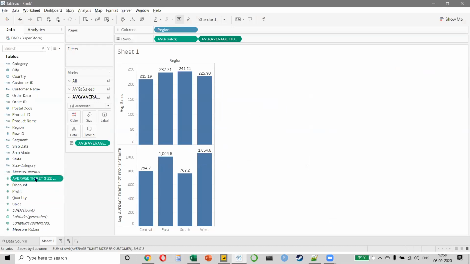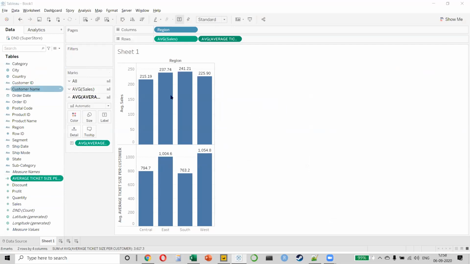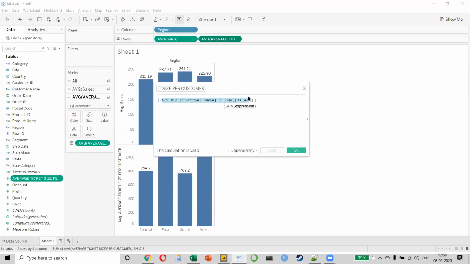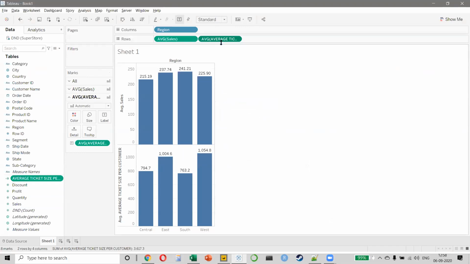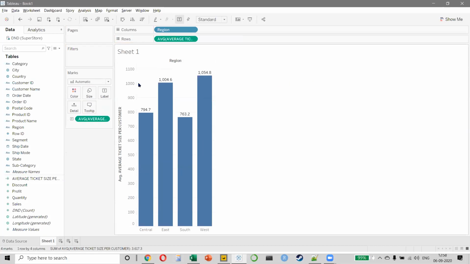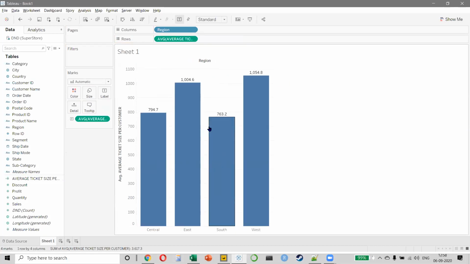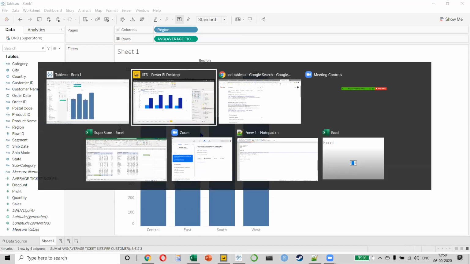When we are doing the calculation, it is not finding out the average for us. So if I show the calculation, it is only summing up the values, the sum of sales for each customer. To average it, we are finding out the average here. The first one is not required. If I want to remove it, I can. I just wanted to show both of them to you to tell you how they can be compared with each other. Right?